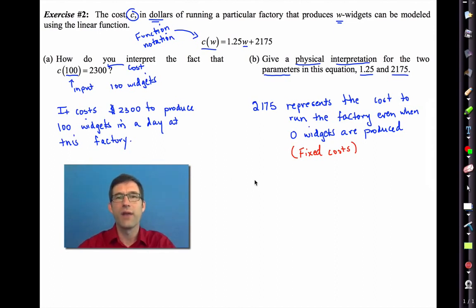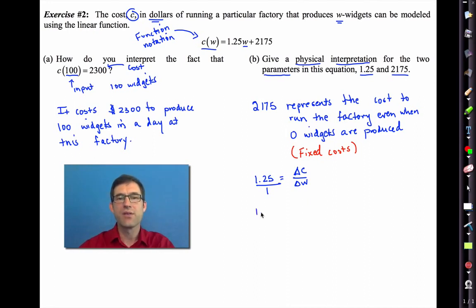Now, what does the 1.25 represent? Well, this one's a little bit trickier, but remember, this is a slope, right? So it's the change in C divided by the change in W. We write it as this, 1.25 divided by 1.